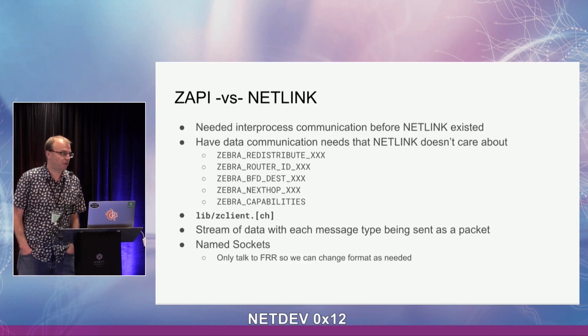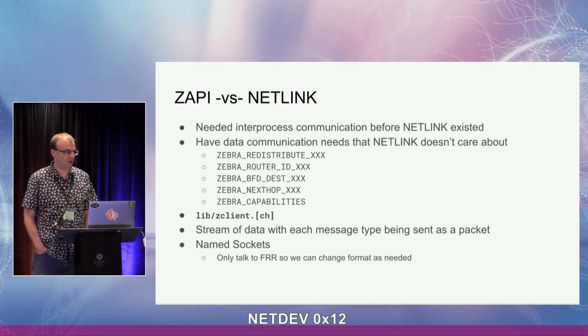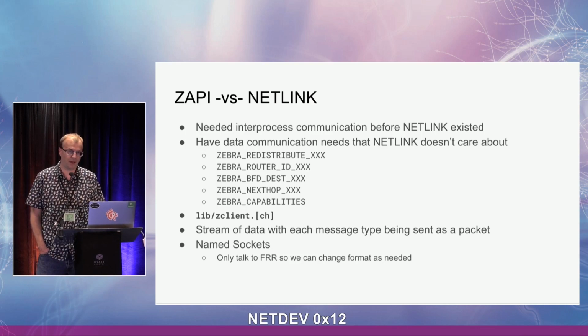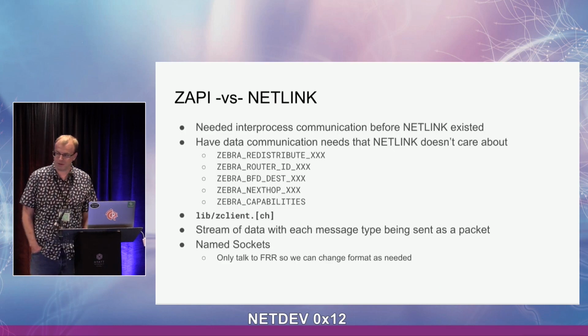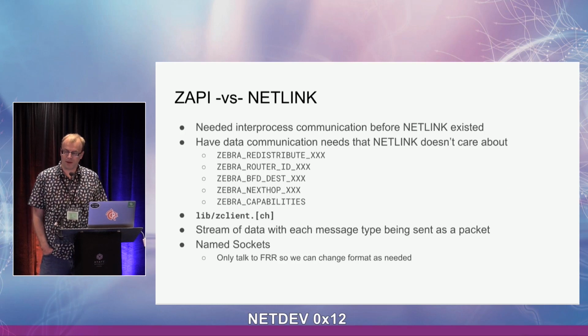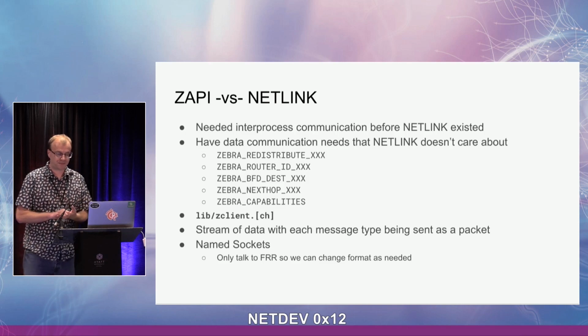When ZAPI was first written, we didn't have the netlink protocol in the Linux kernel, so we had to have something. Additionally, netlink doesn't provide the same data communication needs that a routing daemon needs, things like redistribution, passing around router IDs, turning off BFD, next hops, and passing around capabilities.